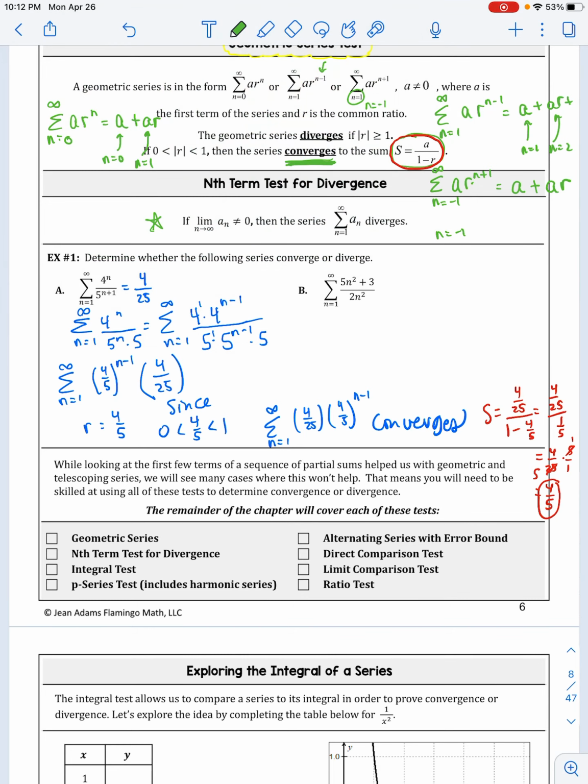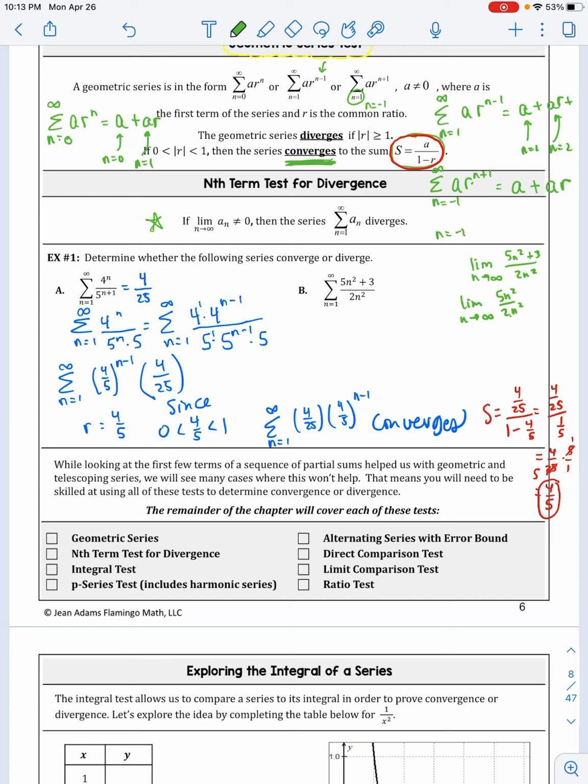All right, so now we're going to do letter B. I'm going to do that in a different color, sorry. For this one, you can see that if you took the limit using your nth term test for divergence and looked at the limit as n goes to infinity of 5n squared plus 3 over 2n squared, you're like, wait, I know how to do this limit.